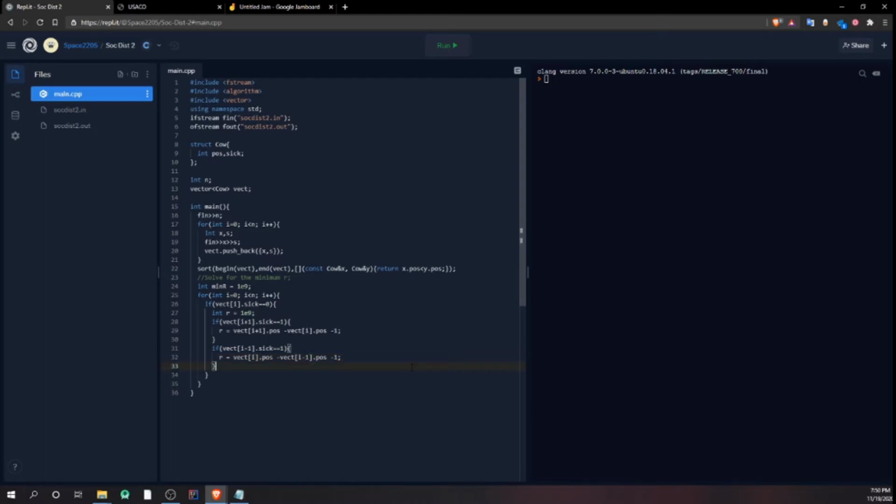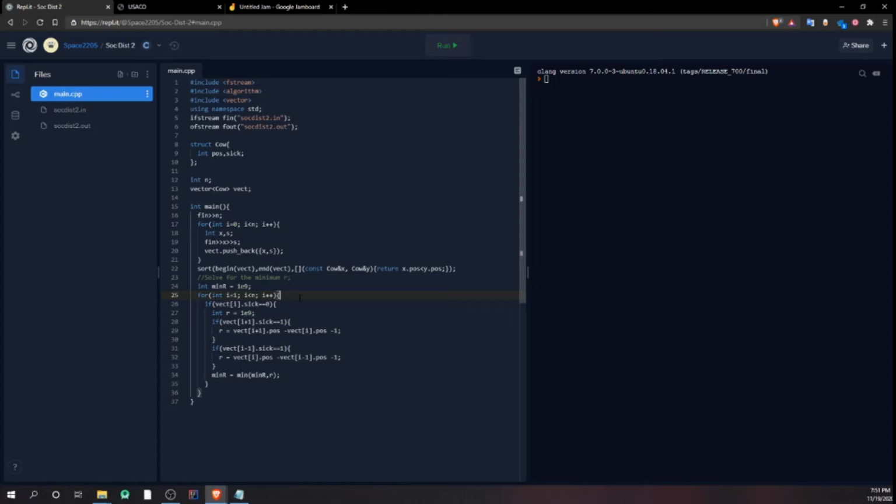And then, after that, we're just going to say min r is equal to min of the previous min r and r. And also, since we're checking like i minus 1, we can't exactly have i equal to negative 1, so I'm going to start off with i equal to 1. That's basically what I'm going to do.